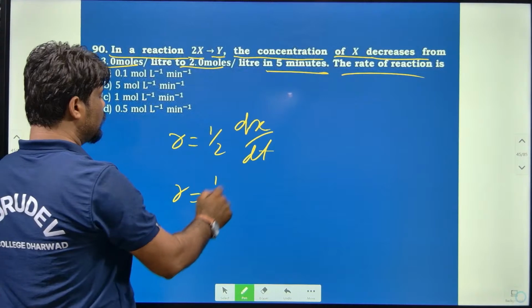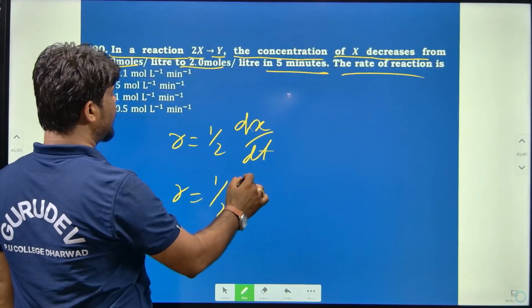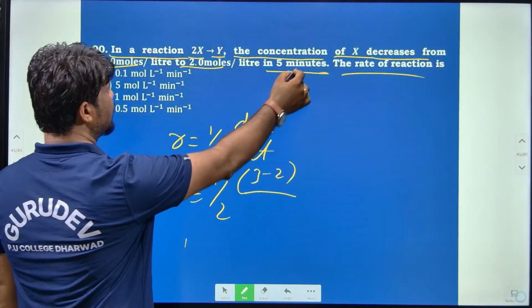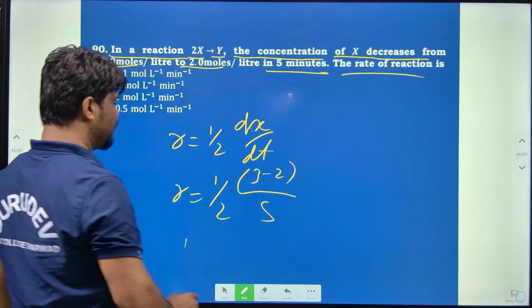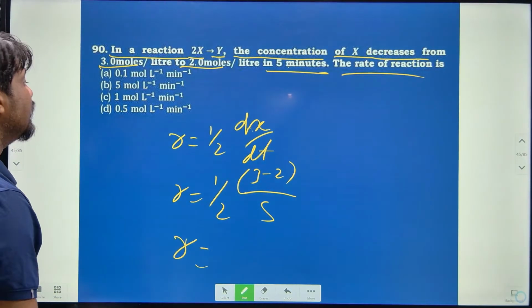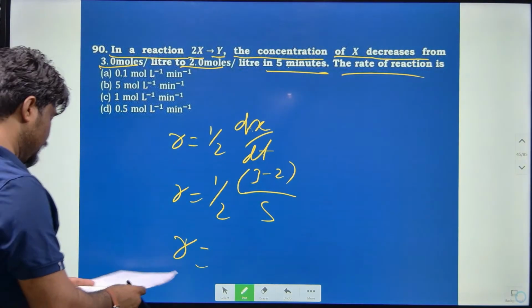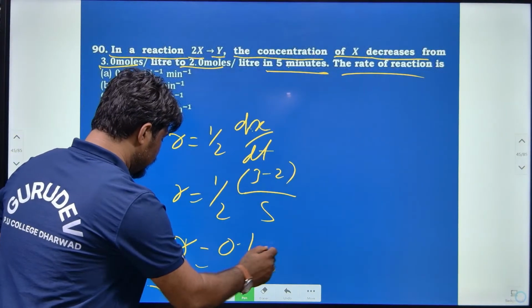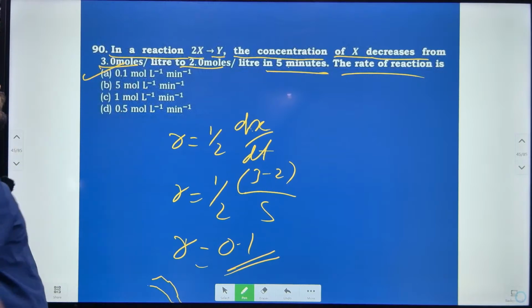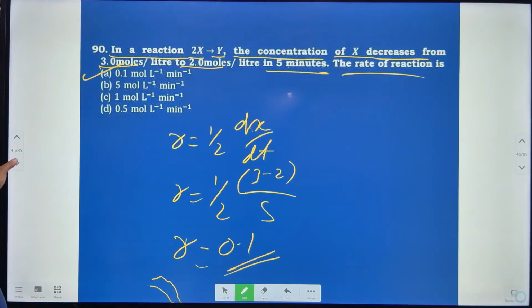Then R is equal to 1 by 2 into the concentration of the reactant decreasing from 3 to 2, over a time of 5 minutes. Just do the simplification. Now I have 1 by 2 into 3 minus 2 by 5, which on simplification gives 0.1, that is 0.1 mole per liter per minute. That is the right answer for the question.